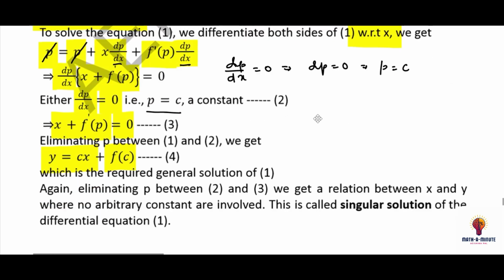Okay, but if we eliminate p from equations 2 and 3, then we will get an equation in x and y, and this equation is known as the singular solution. Okay, in MCA exams, if you check the previous 10 years' questions, most of the time they asked from this section: find the general solution and singular solution of the given differential equation.